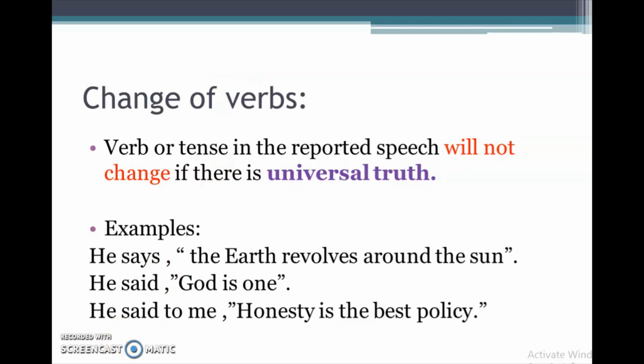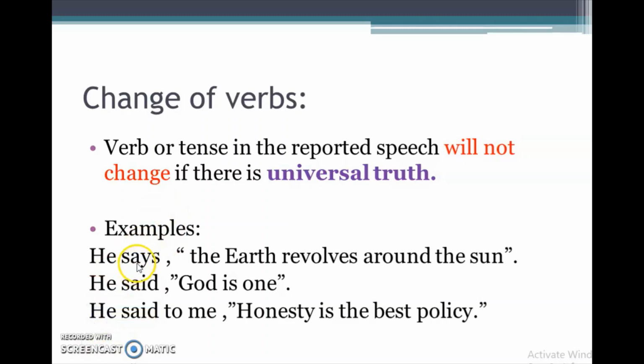But also, the verb or tense in the reported speech will not change if the verb in the reported speech represents a universal truth or a scientific fact. Then we will not change the tense or verb, it will remain the same.